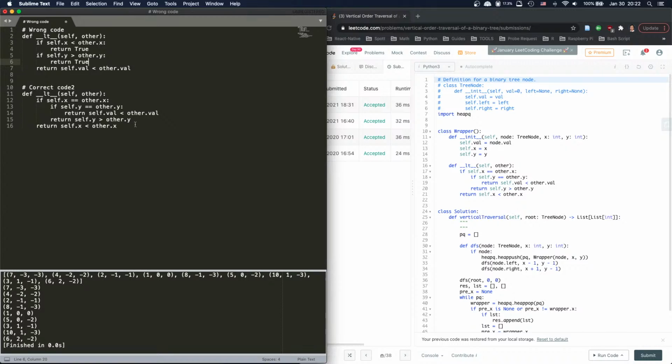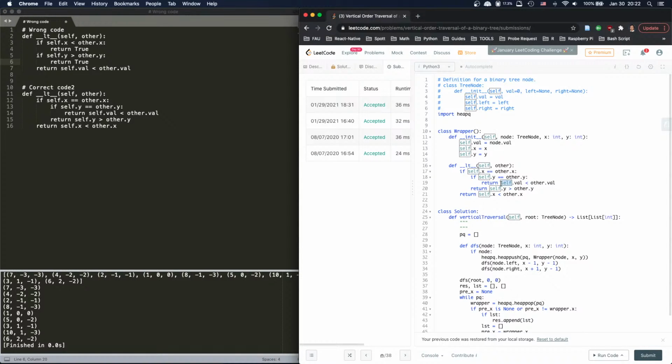So finally, yeah, that's correct. If self.y is equal to other.y, then we compare on the value, and the smaller value goes first. So this is the logic for the __lt__ method.